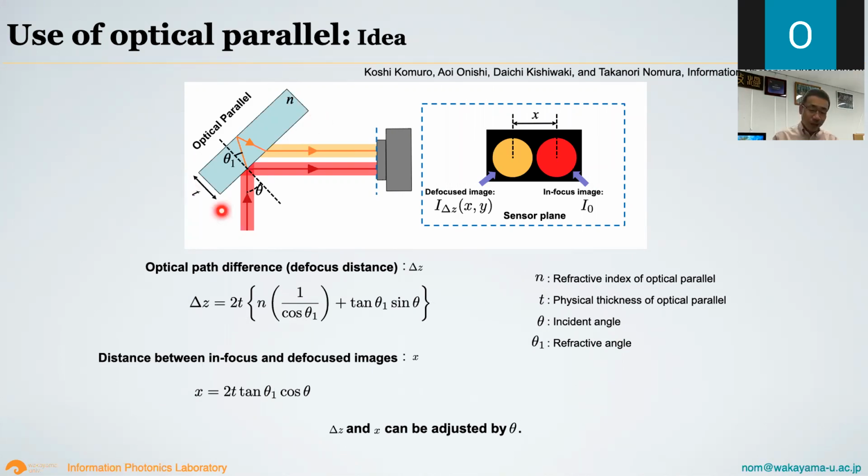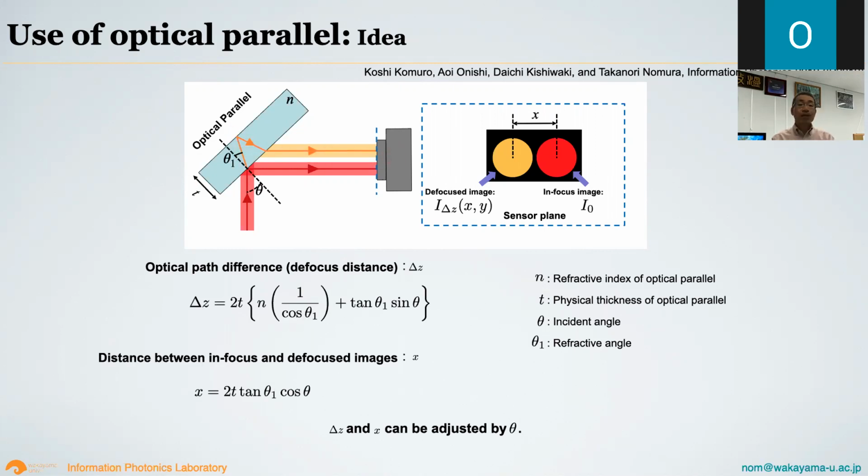We can use an optical parallel. So the beam is coming here, passing through the object and coming here. A portion of the beam reflects off the surface of the optical parallel, and the rest of the beam reflects off the bottom of the optical parallel.